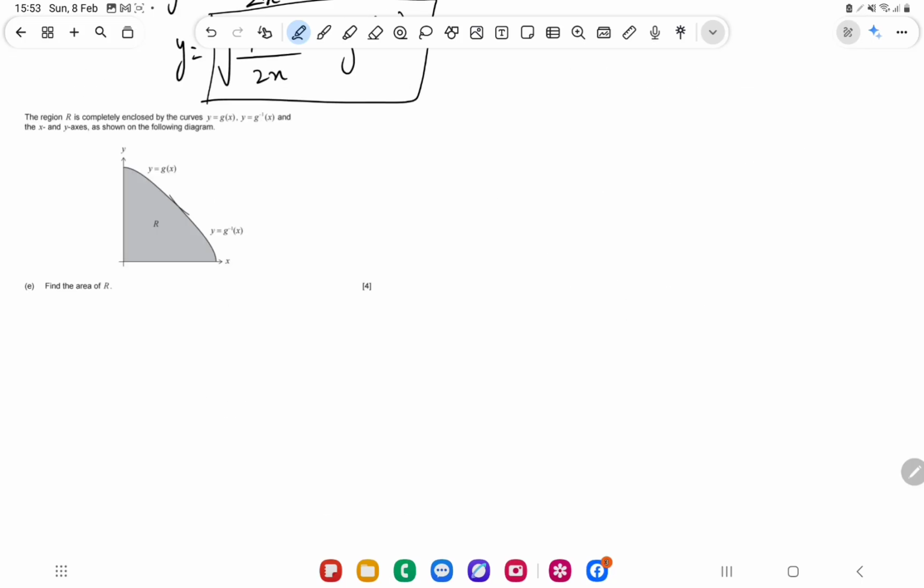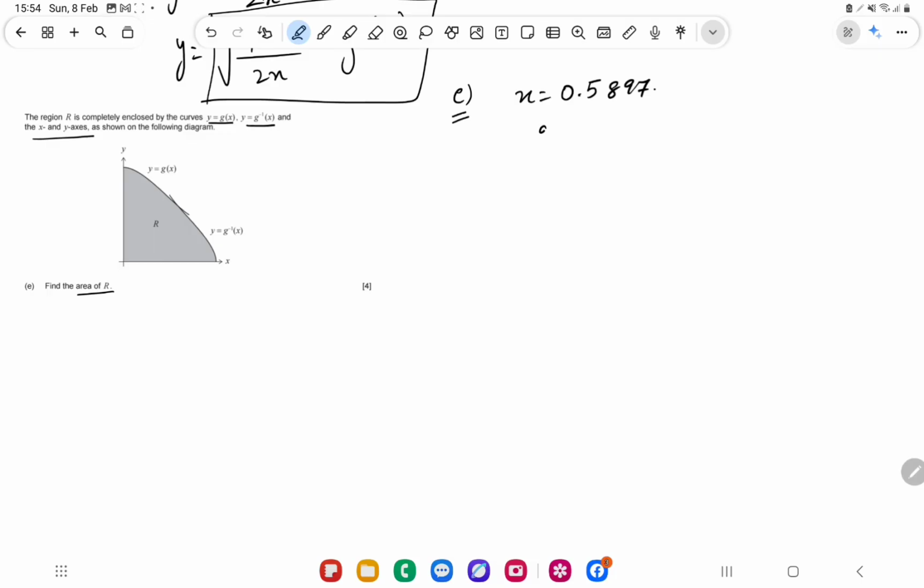Now in the last part it says the region R is completely enclosed by the curve g(x), g inverse x, and the x and y axis. You can see the shaded portion; we have to find the area R, which is the shaded one. So first, using our GDC, we can find that the curve intersects at x equals 0.5897.